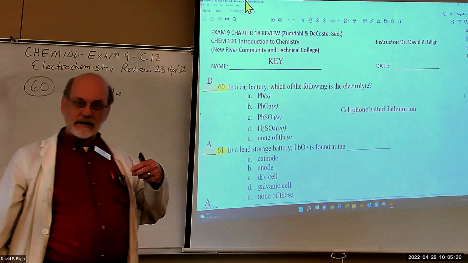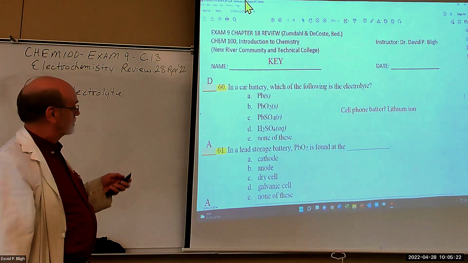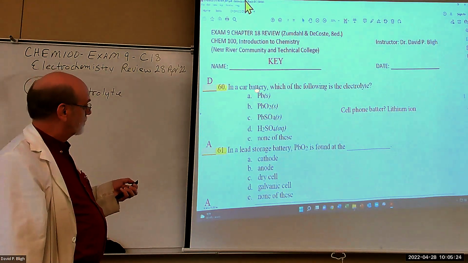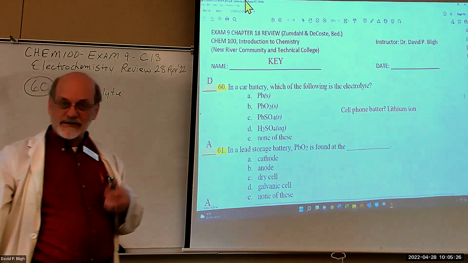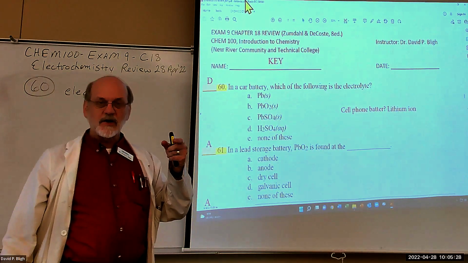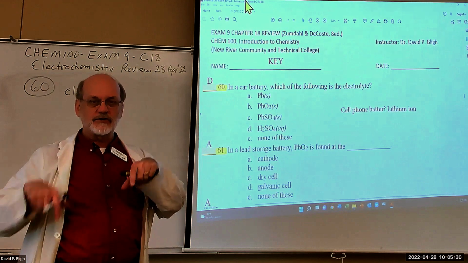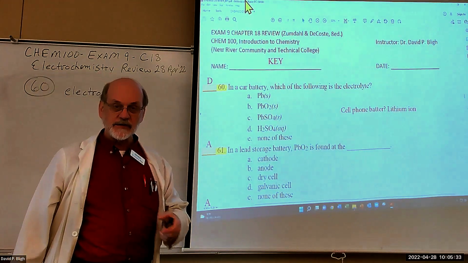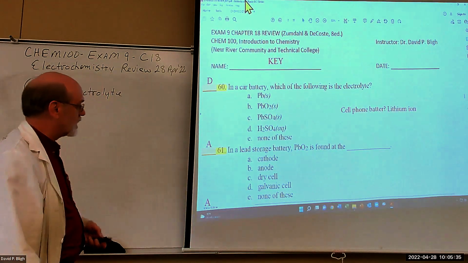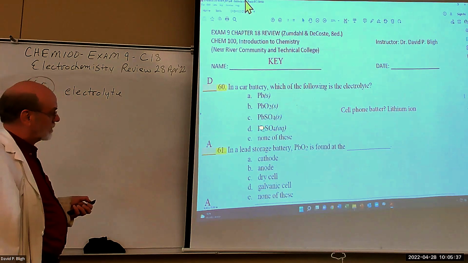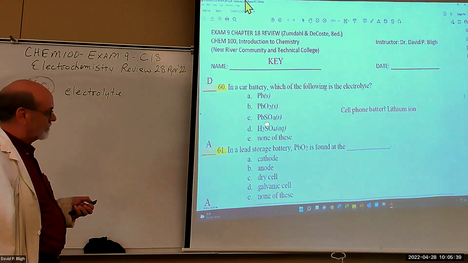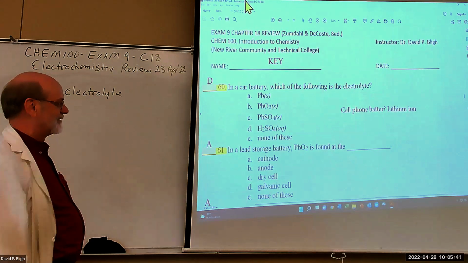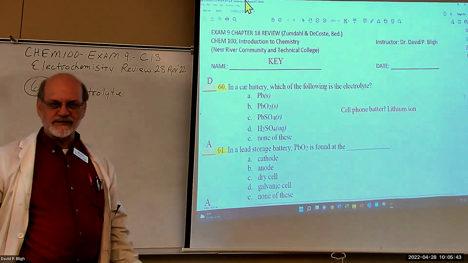So for the lead acid battery, your car battery, the electrolyte is the same for both cells because both cells are in the same solution. And that solution is sulfuric acid, H2SO4. Right here. Okay? And I put a little note in here for myself.